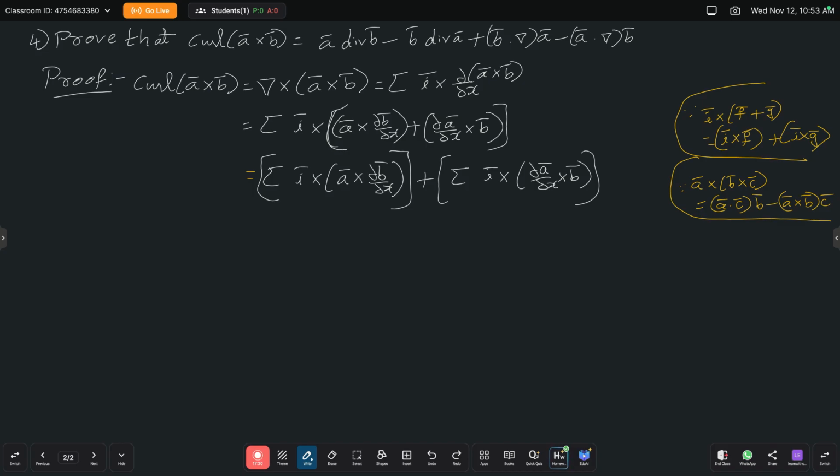First term will be, okay, I may not get sufficient space there, so I am moving the things to the left side. Curl of A bar cross B bar equals, what is the right side part?